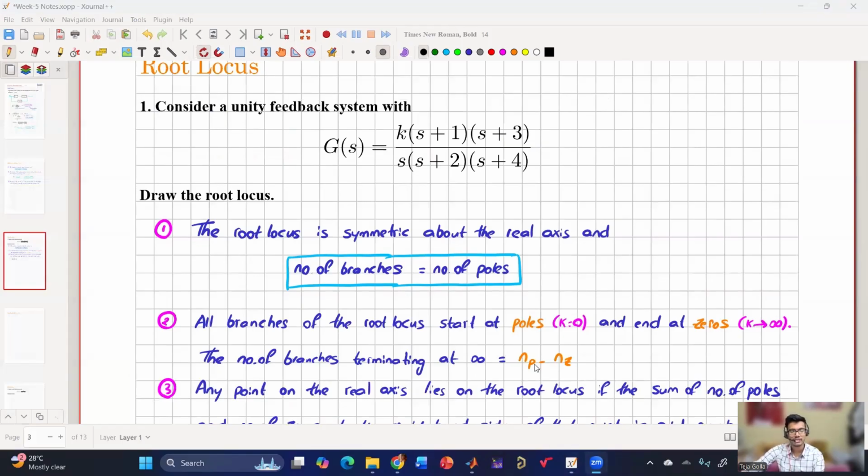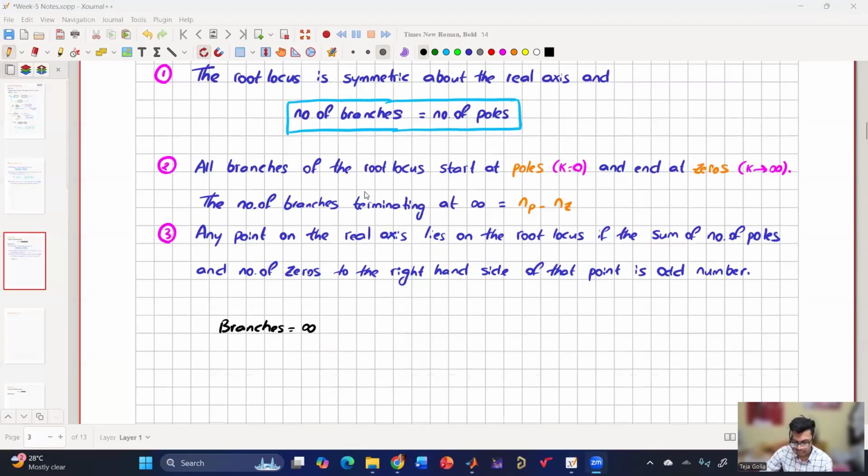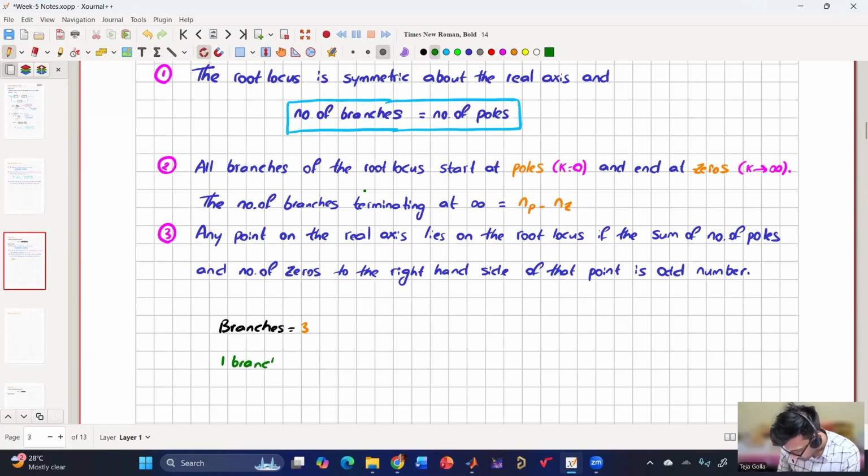So what is np minus nz? 1, sir. Yes, 1. So the number of branches, sorry, I made a mistake. Number of branches is not infinite. Number of branches is 3, and one branch will go to infinite.